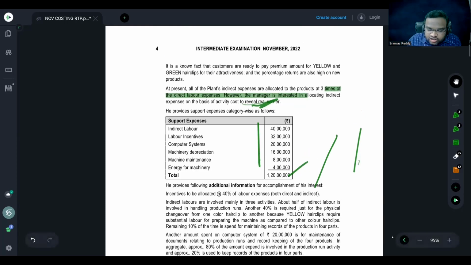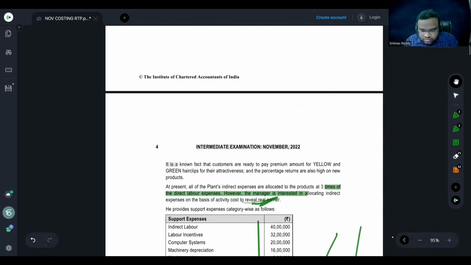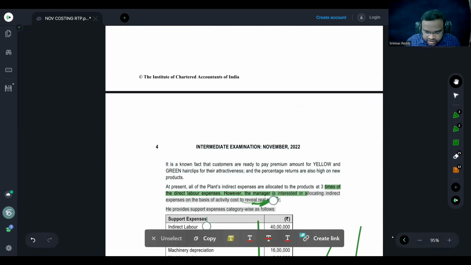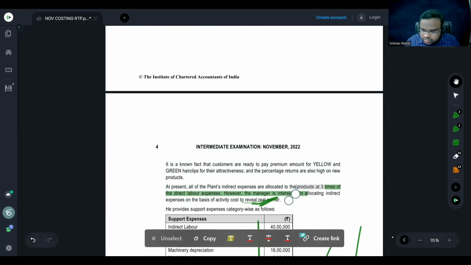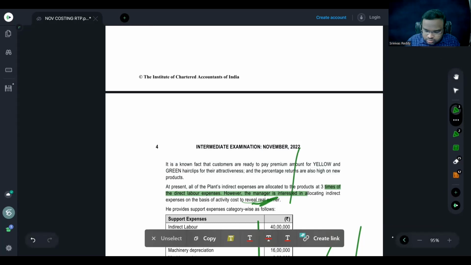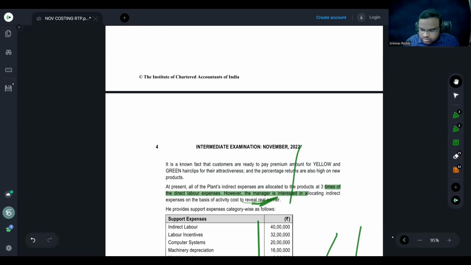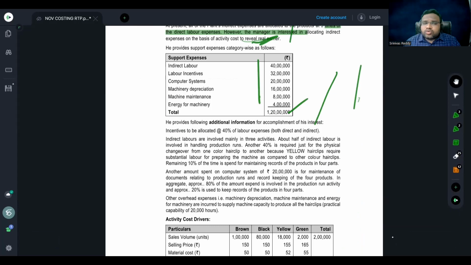What is the total labor expense? 40 lakhs plus 40%, which is equal to 16 lakhs.